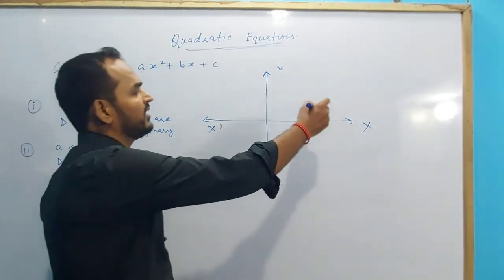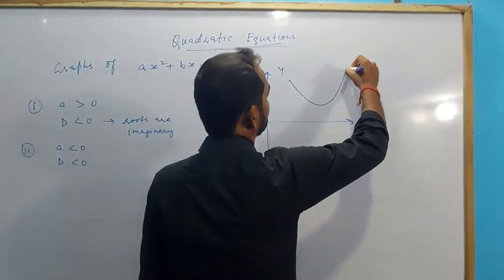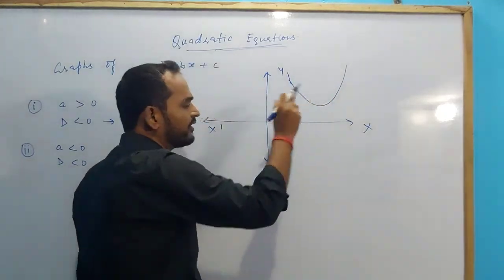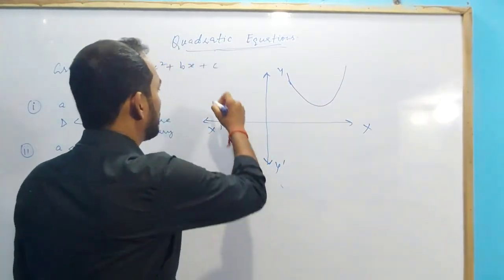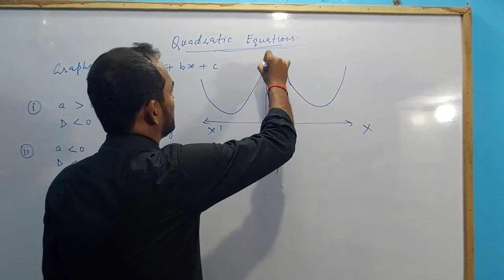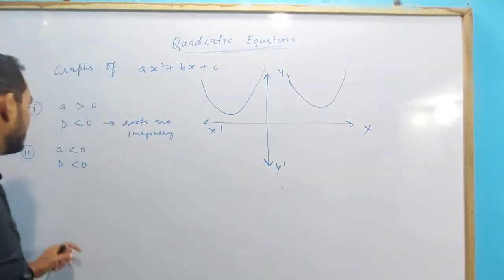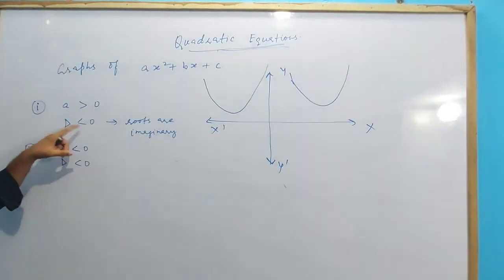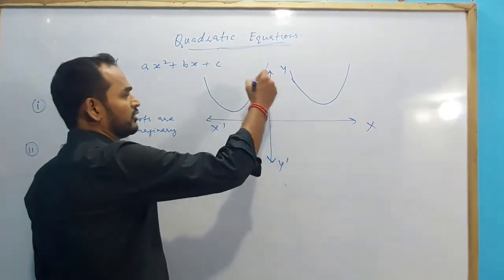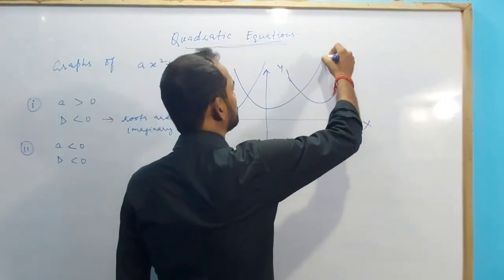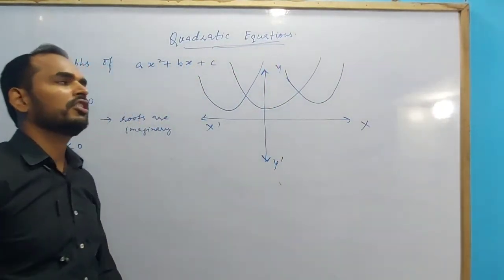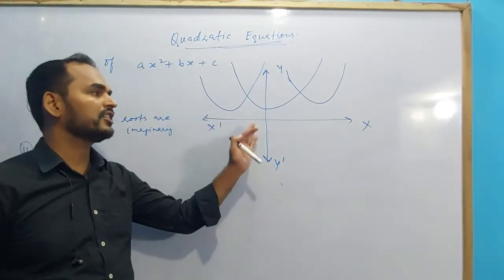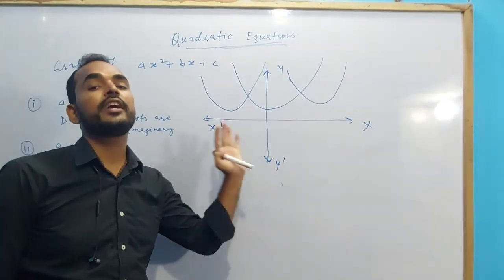So the graph will be something like this. It will never touch the x-axis. Or like this. It will never touch the x-axis in the case when a is greater than 0 but d is less than 0. It might be like this also. But in all the cases, the graph is not going to hit the x-axis.